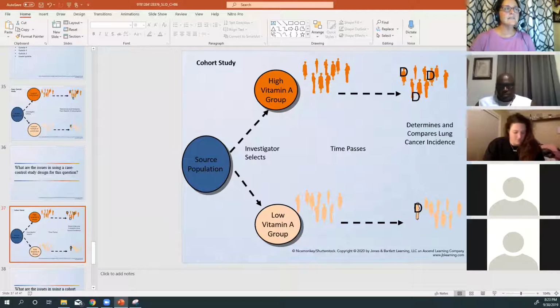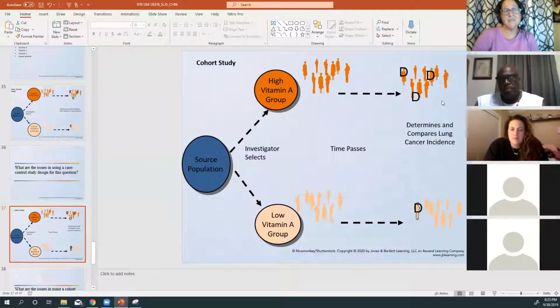So it is conceivable that I have a cohort study with a few hundred people, let's say, which would be a very small cohort study, and I follow them over time, all the way till their death, and nobody develops lung cancer. So unless I have a very large cohort, which is going to be very, very expensive, I may not see the effect of vitamin A on lung cancer.